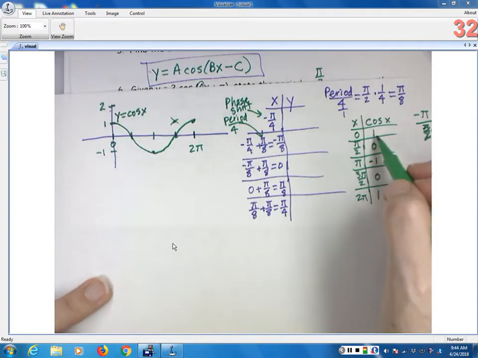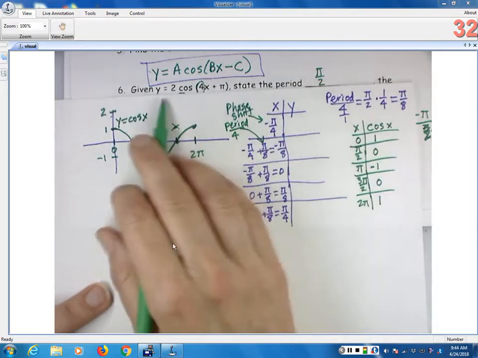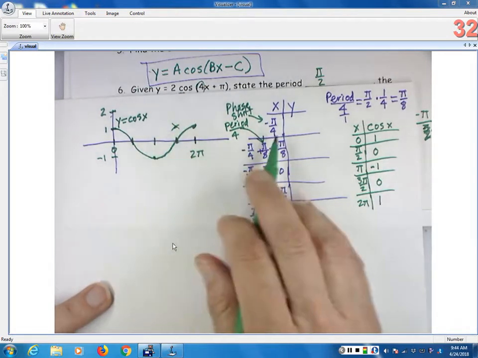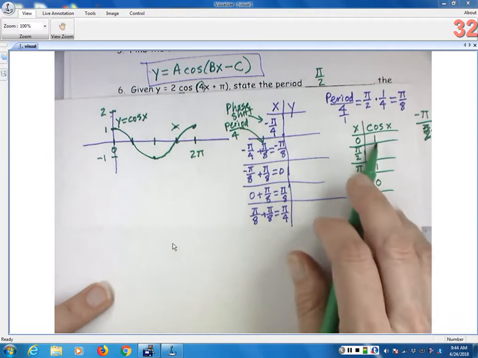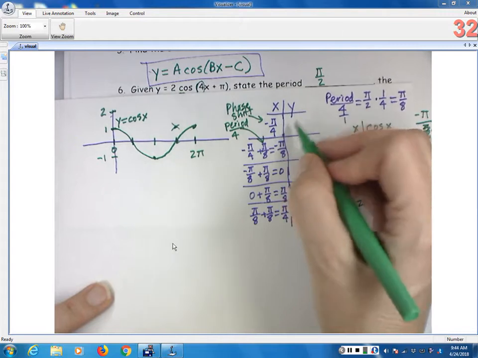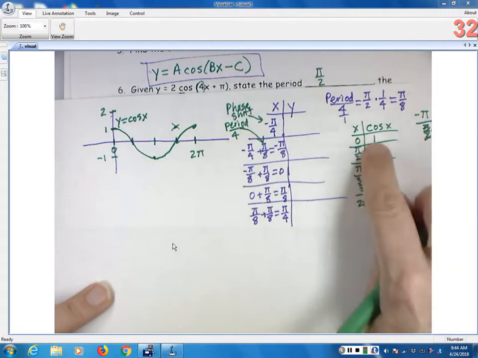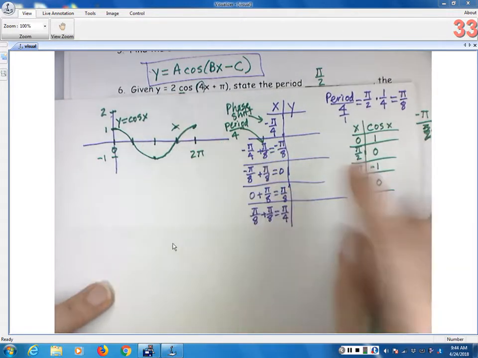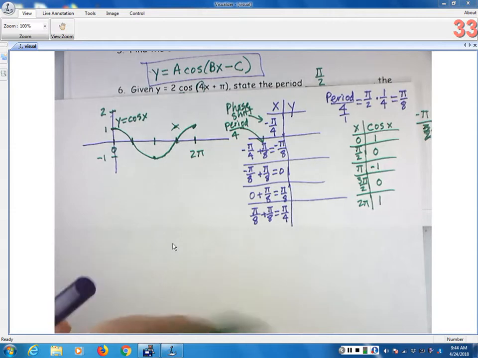Okay, so on this function we're taking, I mean, you can plug in minus pi over 4 and figure it out, but you're going to have 2 times 1. You've got an amplitude of 2. This is going to be 2 times 1.